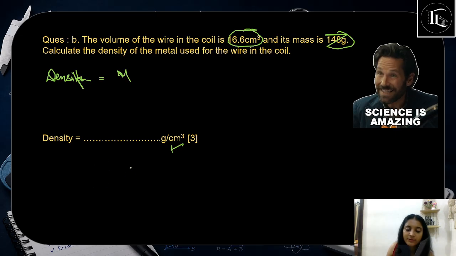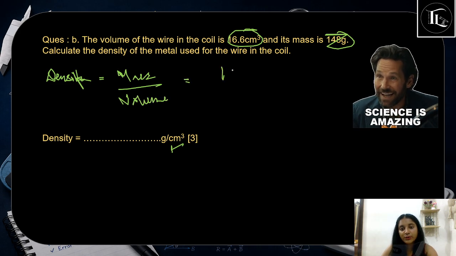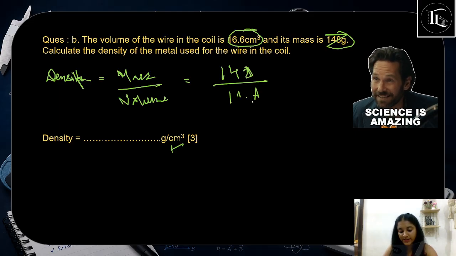Density. So it would be 148 divided by 16.6. So how much does it come?